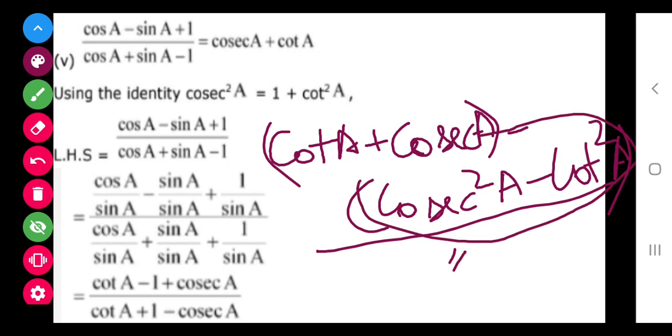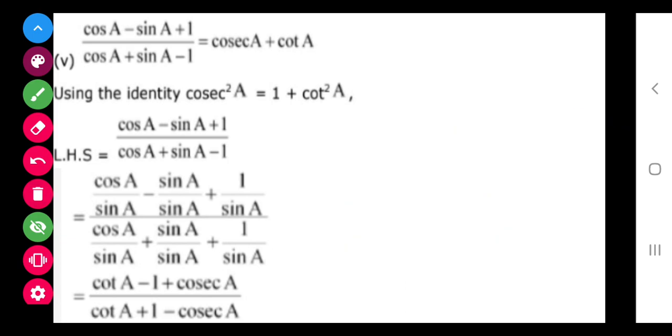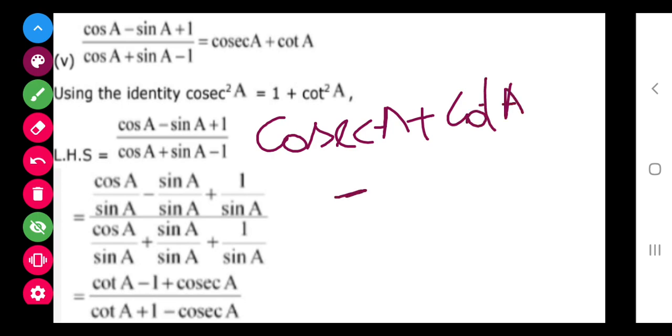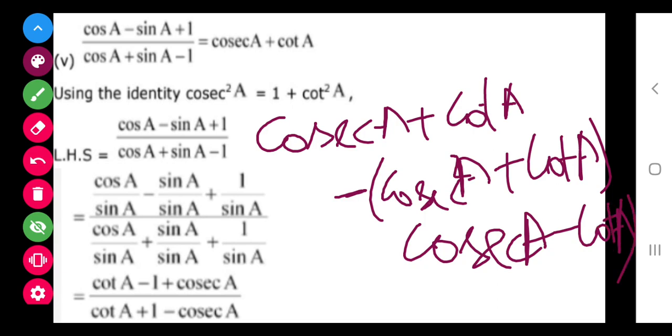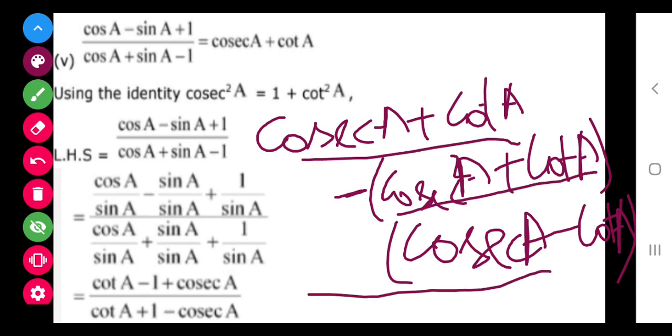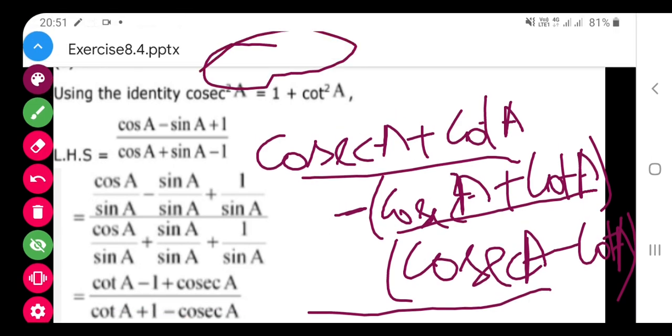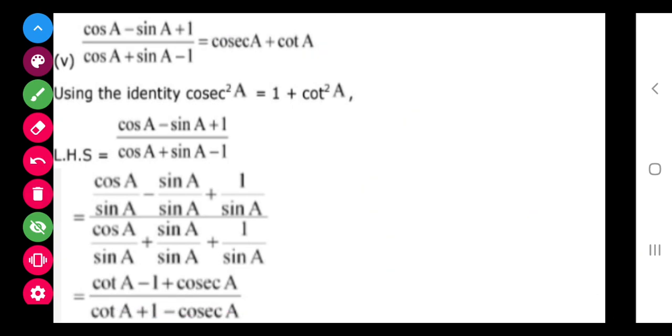In this part, what I said was that we will apply cosec A plus cot A as it is, and the second part we will break into cosec A plus cot A and cosec A minus cot A. After that we will take cosec A minus cot A common from this, and whatever is left will be cancelled by the denominator, because the answer is this, cosec A minus cot A. I hope you understood this.